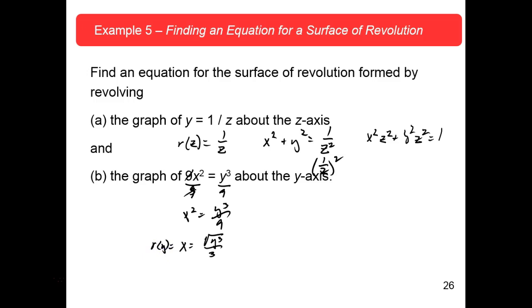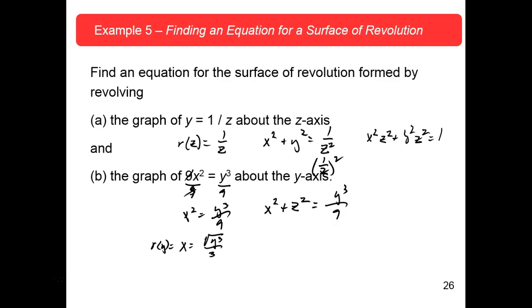Okay, so what do you have? X squared plus z squared is equal to, when you square that, y cubed over 9.